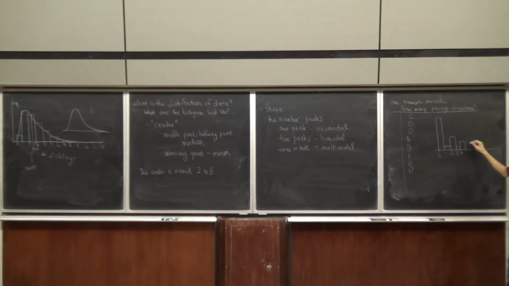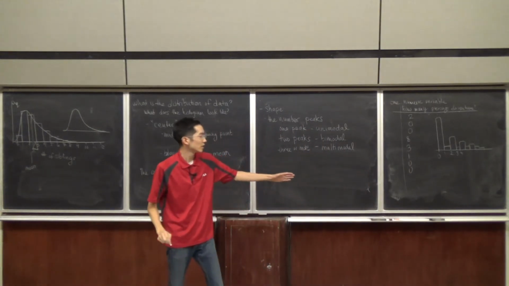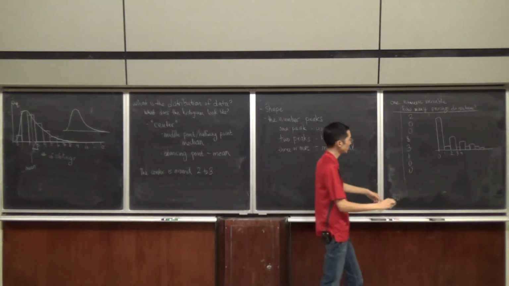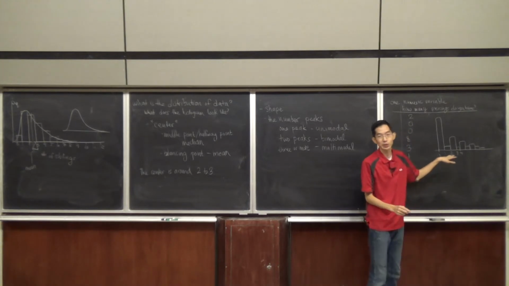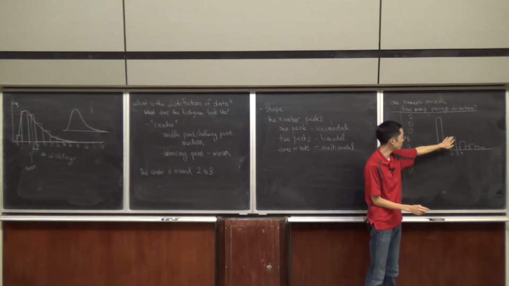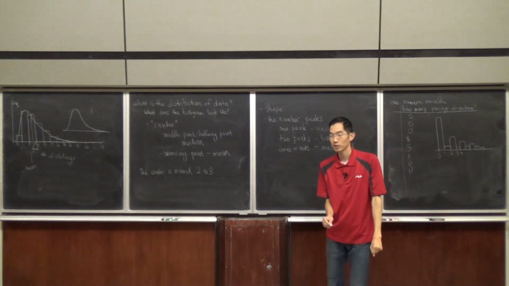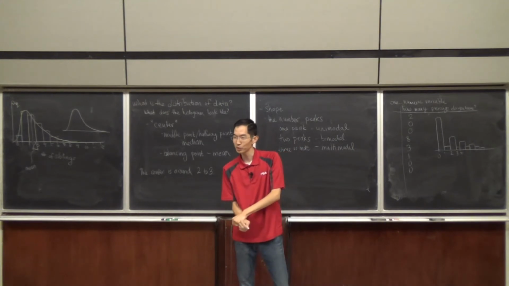So my histogram might look something like this. Is that okay? This technically would be a multimodal distribution. I've got a peak here, another peak, and so on and so forth. Does that help?